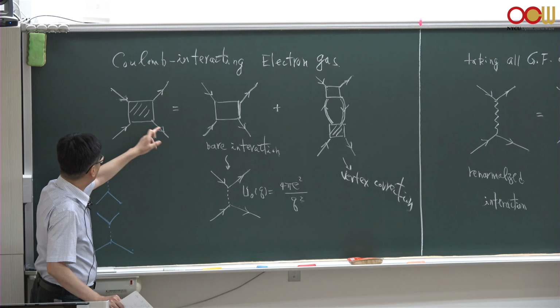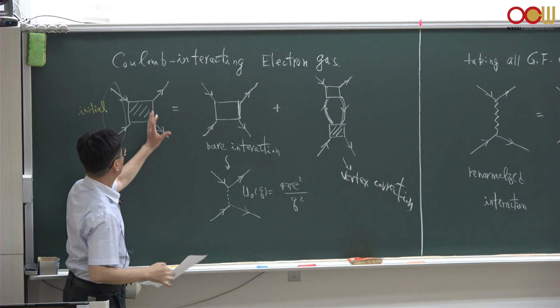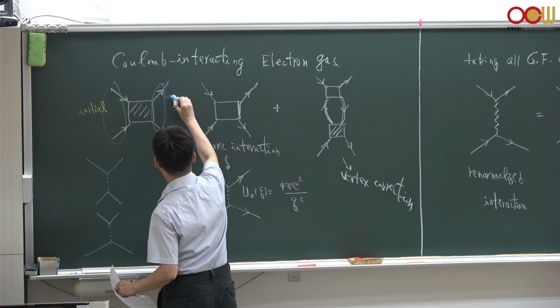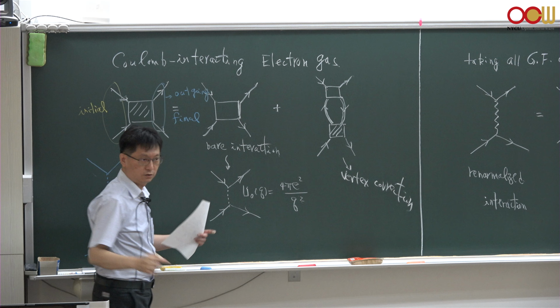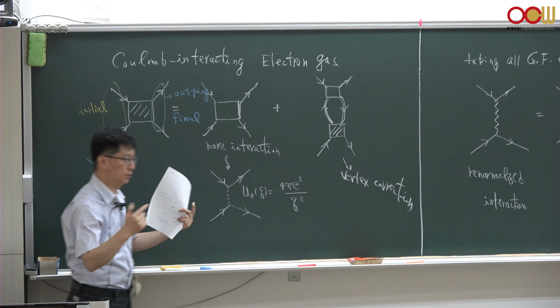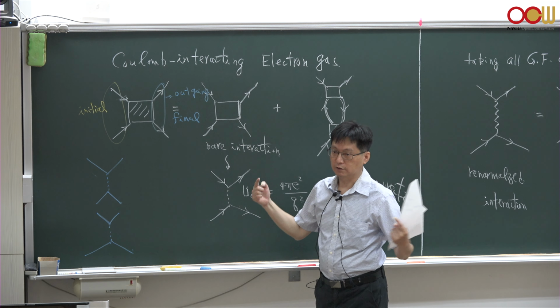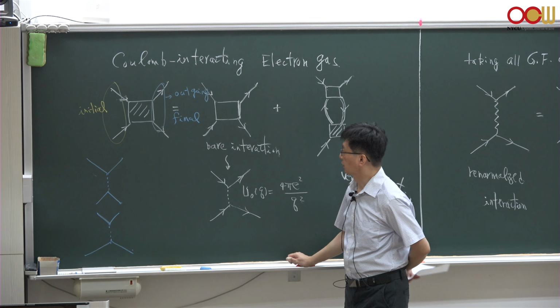So these two solid lines represent the initial state, and the two outgoing propagators are the outgoing or final states. Okay, so two in and two out. So the Coulomb interaction brings together these two electrons that get scattered by the Coulomb, and then they are scattered out.